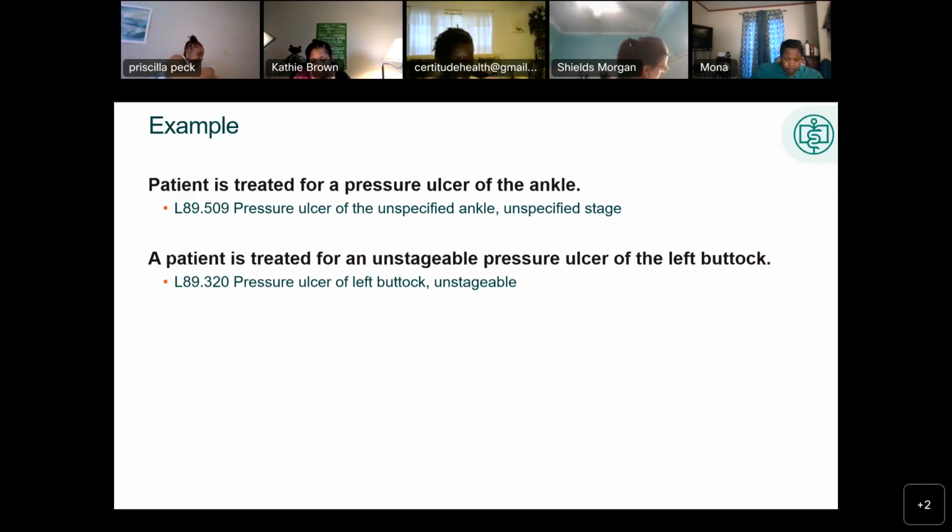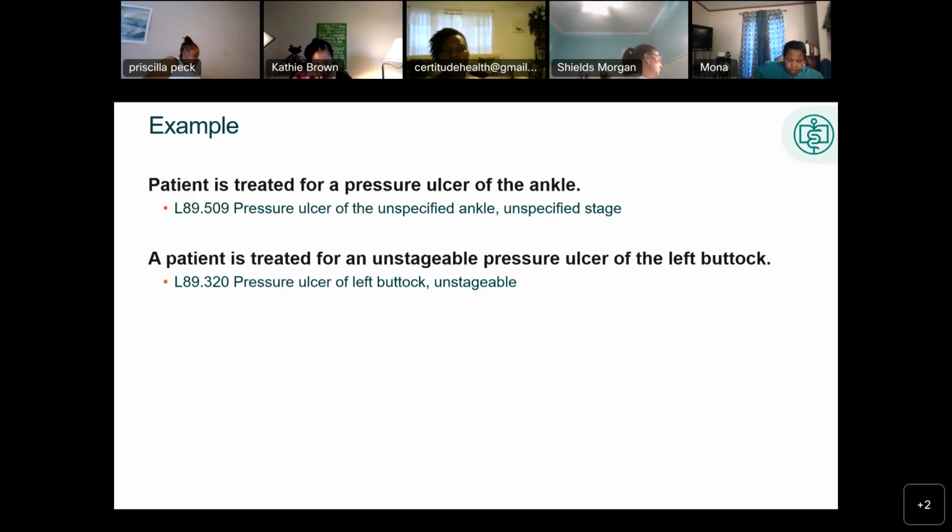That doesn't fit. 501 is stage one. L89.502 is stage two. L89.503 is stage three. So you can see a pattern with the last digit of the diagnosis, right? L89.504 is stage four, but we're looking for unspecified ankle, unspecified stage. And if you look at L89.509, that confirms it.